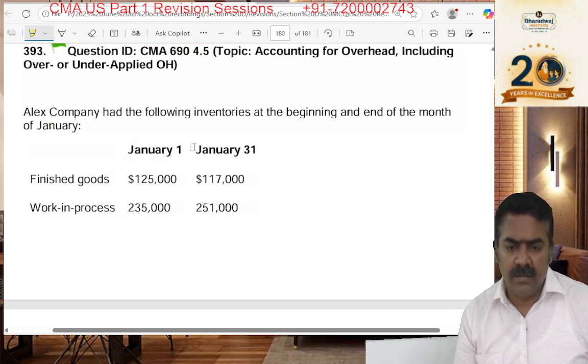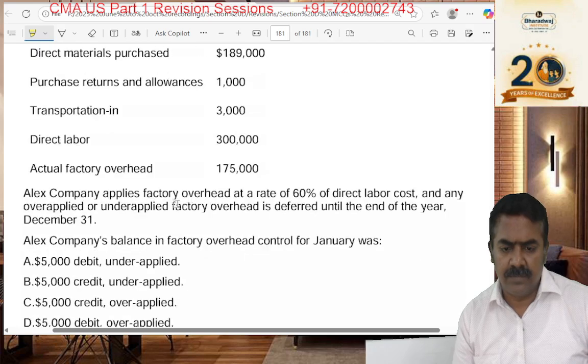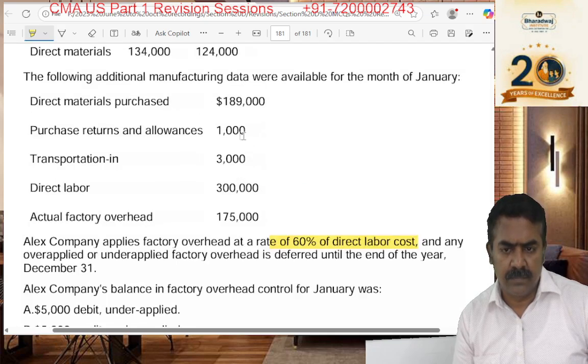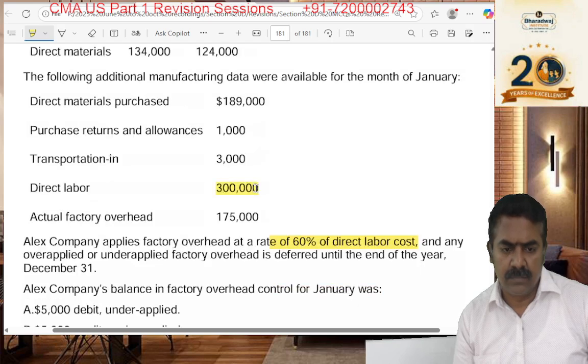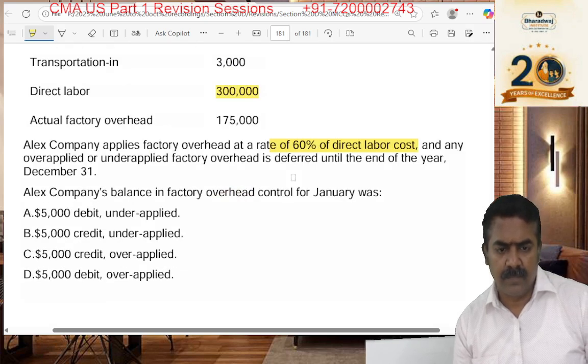Then, beginning and end of the month is given. 60% of direct labor cost. 3,00,000 into 60% is 1,80,000. Actual 1,75,000. Over applied by 5,000.